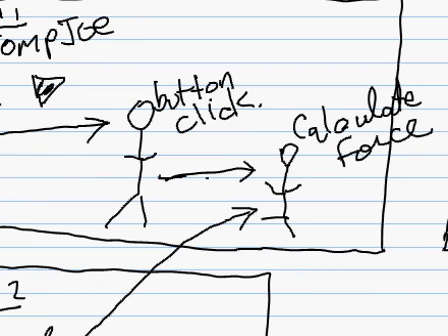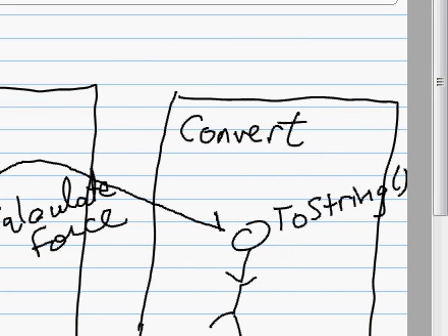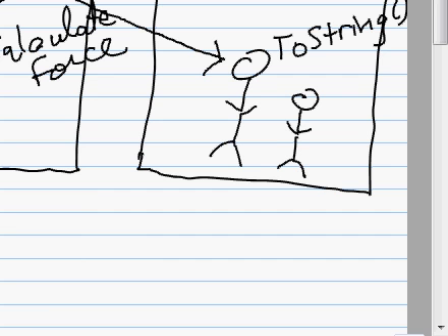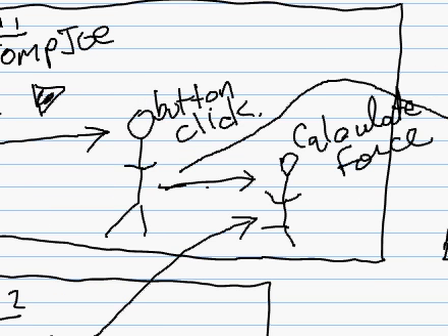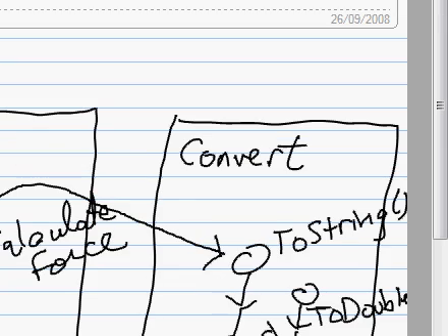So button click, when he has to convert something to a string to output it back into the text box, he'll call the toString method. And in here there's also toDouble, so when he's first taking something out of a text box and converting it to a double, he calls the toDouble method from convert.